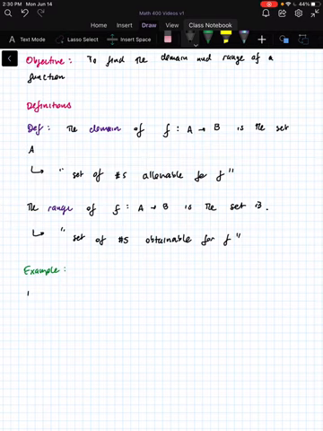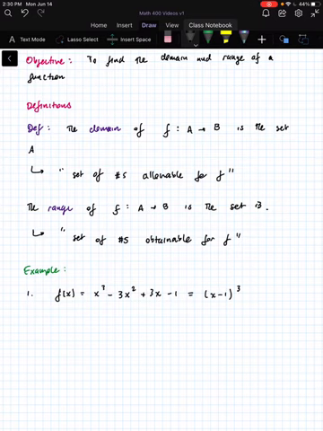So for instance, the domain and range of f of x equals x cubed minus 3x squared plus 3x minus 1, which we can write, for instance, as (x minus 1) cubed. Its domain is all real numbers, which remember we can write as either blackboard R or as negative infinity to infinity.